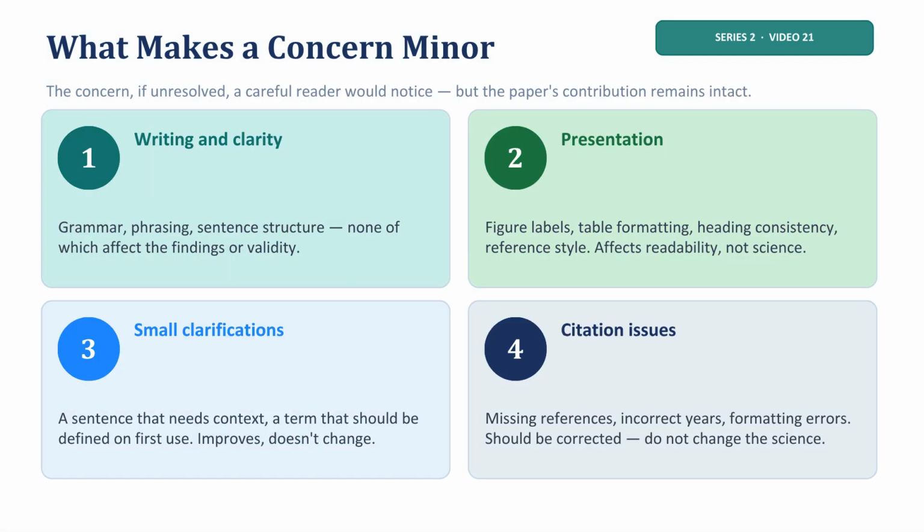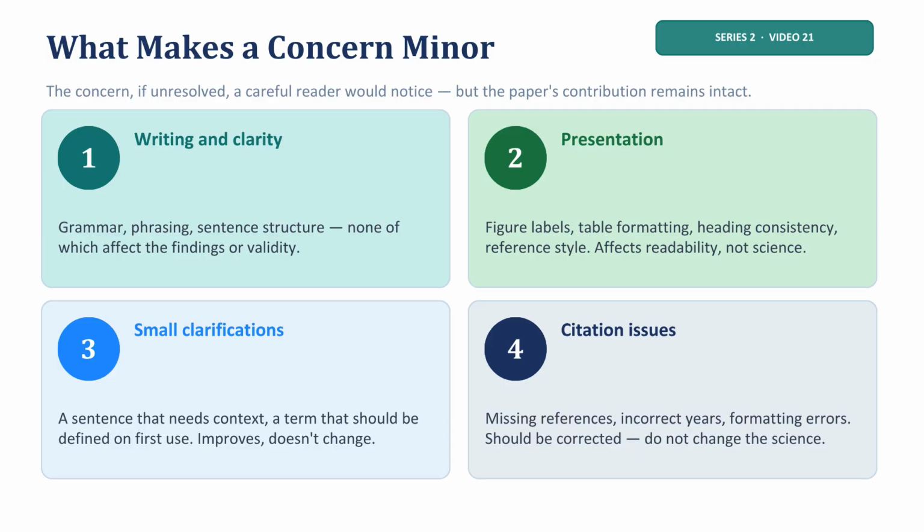Minor concerns are those that, if unresolved, a careful reader would notice, but the paper's scientific contribution would remain intact. Writing and clarity fall here. Grammar, phrasing, sentence structure. The findings are the findings regardless of how clearly they are expressed. Presentation issues are minor. Figure labels, table formatting, heading consistency, reference style.